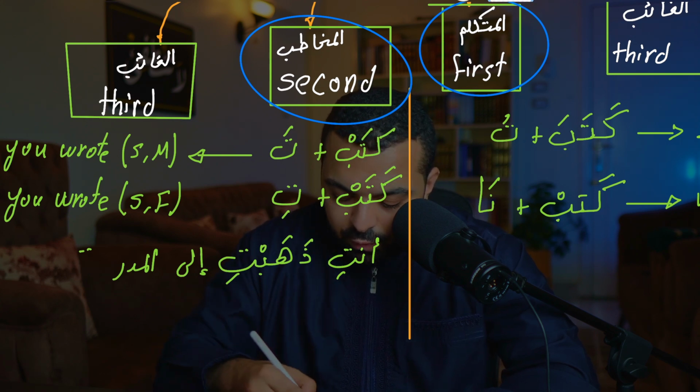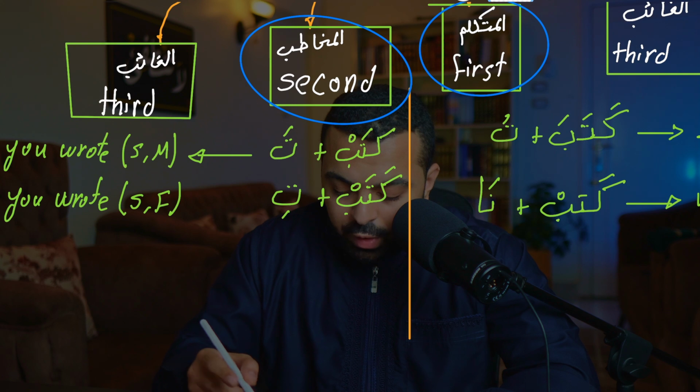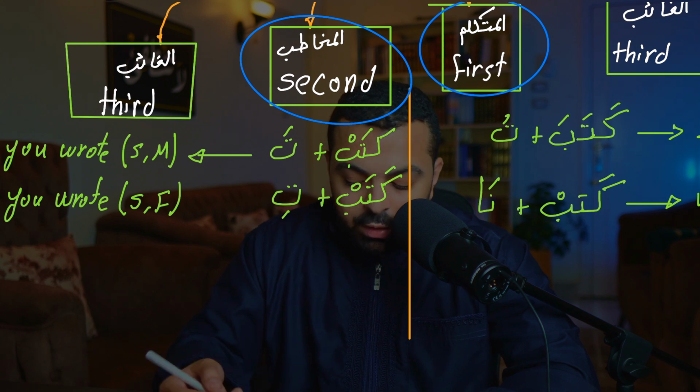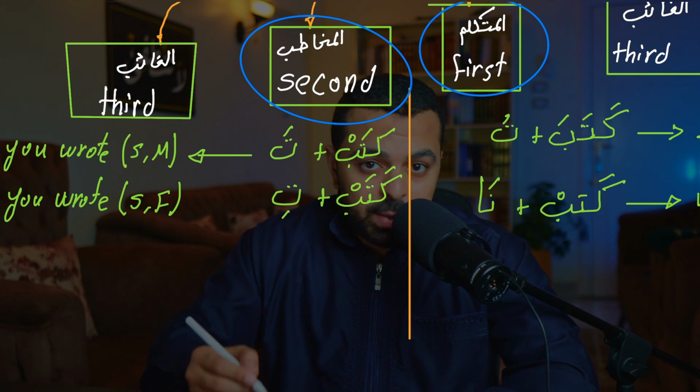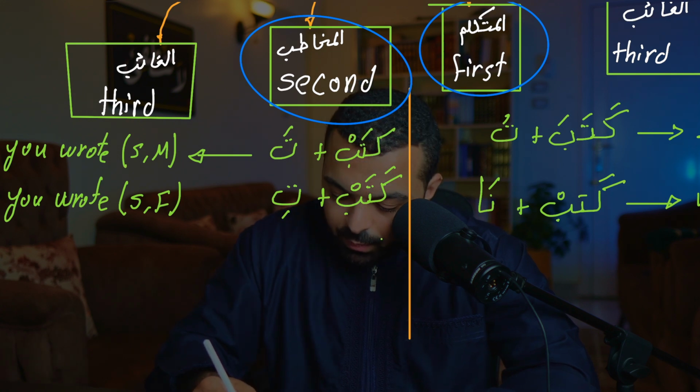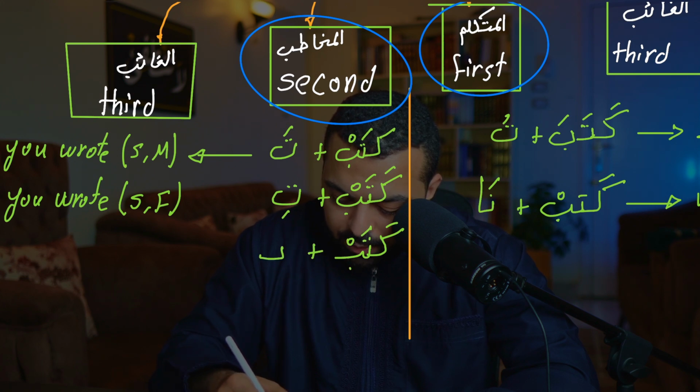Now, what if you direct your speech to a dual, which is أنتما? You say كتب plus تما.